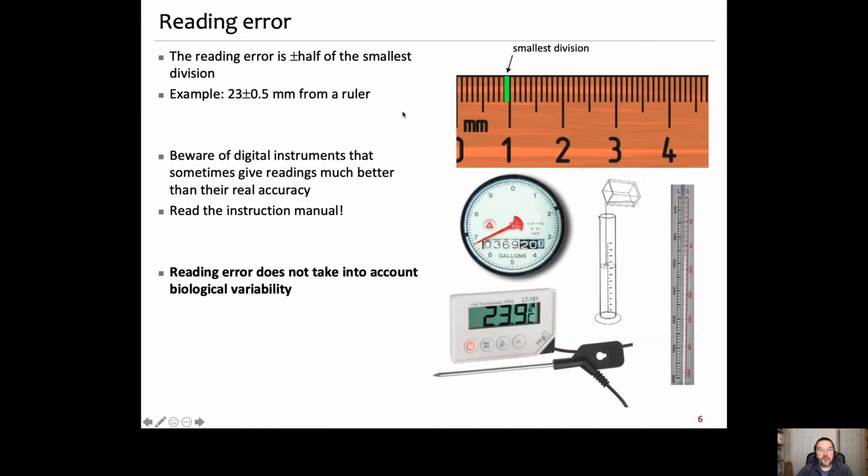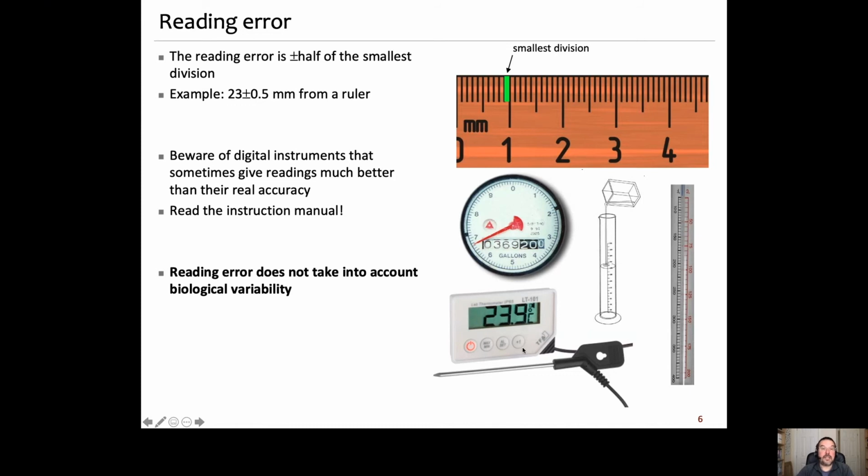You have to be careful with digital instruments that can sometimes give readings with much better accuracy than the real accuracy of the instrument. For example, this particular thermometer shown here gives you a reading with 1 decimal place. So you could assume that the accuracy of this is 0.1 of a degree.